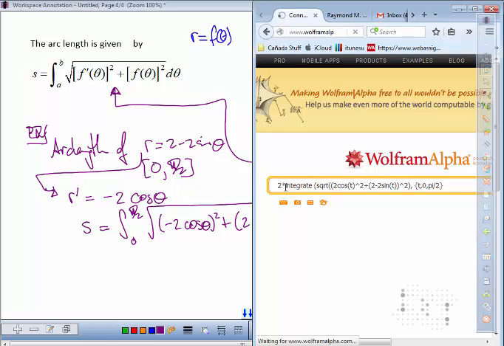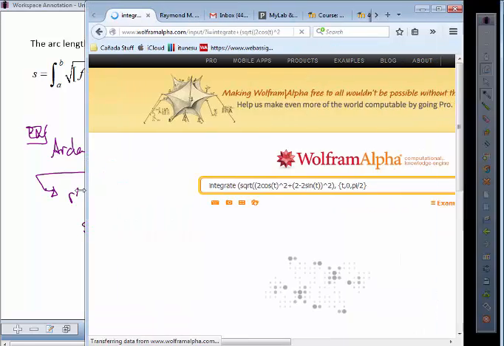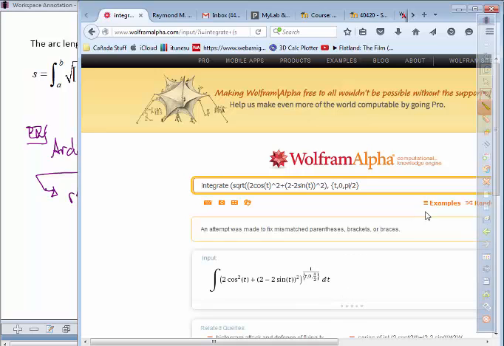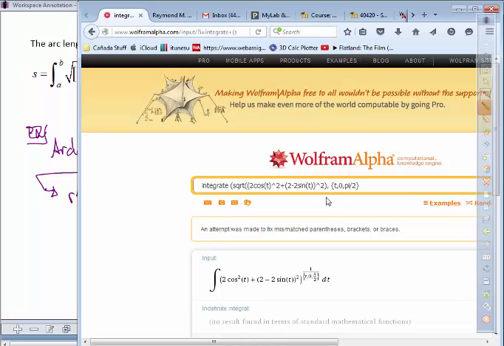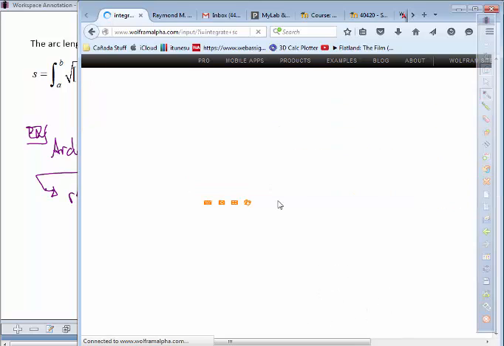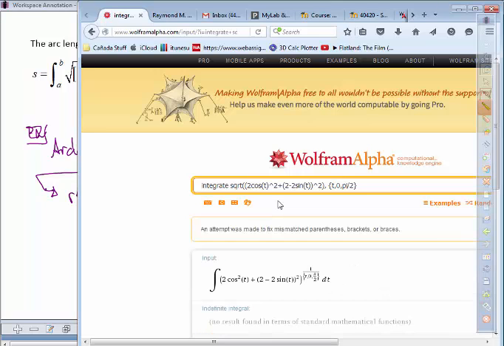Oh, there's a 2 in here that we don't need. Didn't use my parentheses wisely. All right, what am I missing?